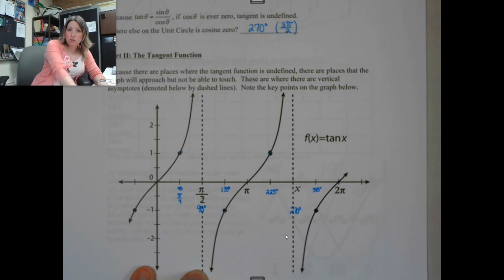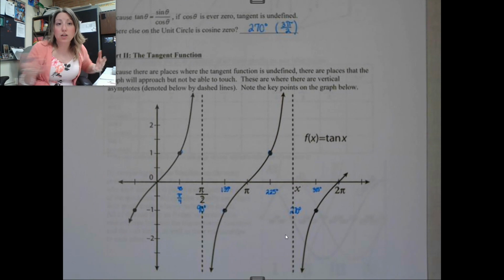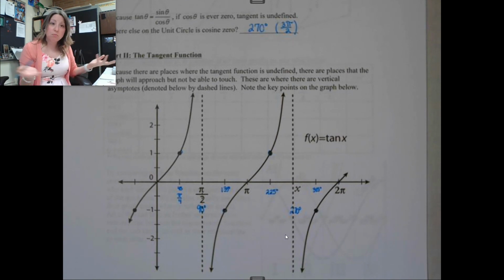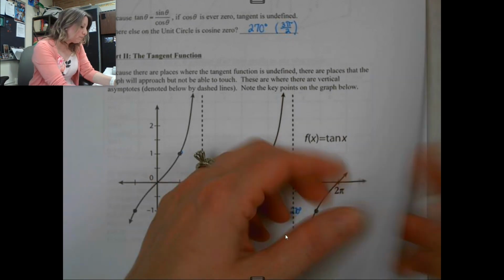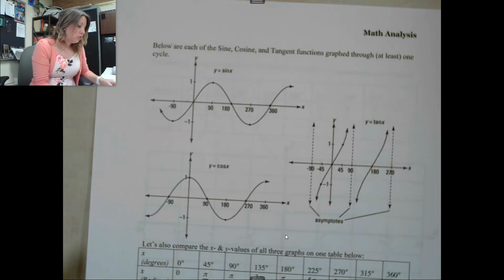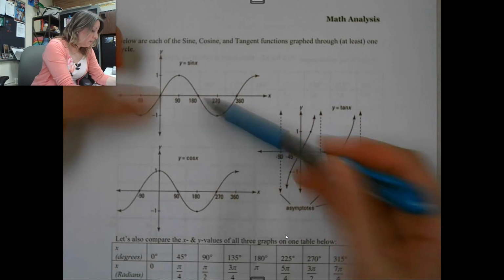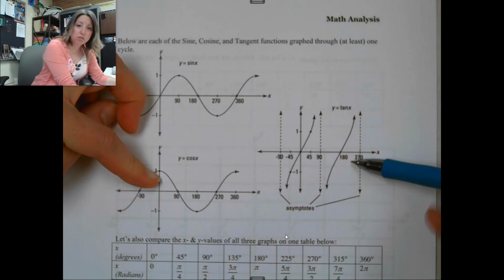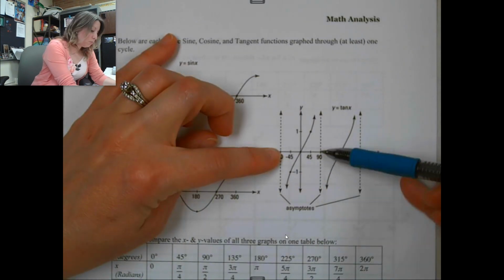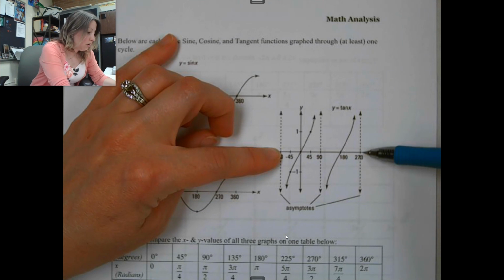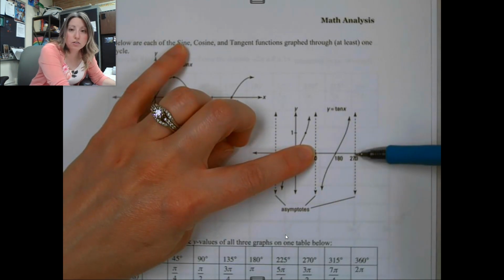These are the key points in the tangent function. This is truly just something I would memorize. You can plug these into the graphing calculator, of course, as we did, to test them to make sure that this is working. But I would just memorize where these points are. So comparing all three, the sine, cosine, and tangent, there's always an asymptote for tangent starting at 90, every 180 degrees.